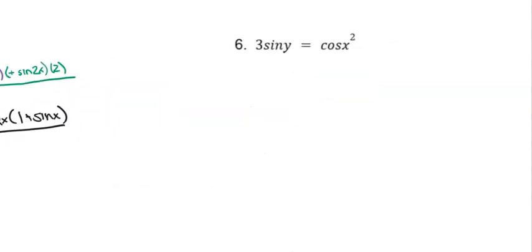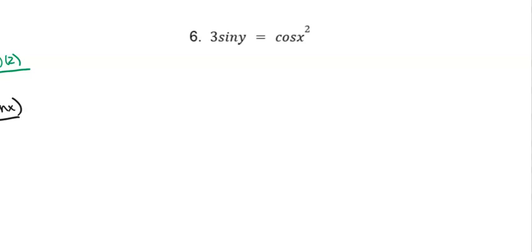And one more. Here we have implicit differentiation. So first step, I'm going to take the derivative of this. Derivative of sine is cos. And the derivative of y, I don't know what it is, so I'm just going to write dy dx.